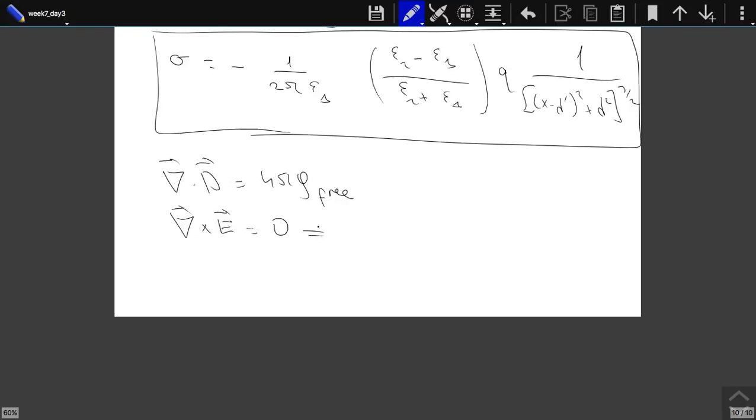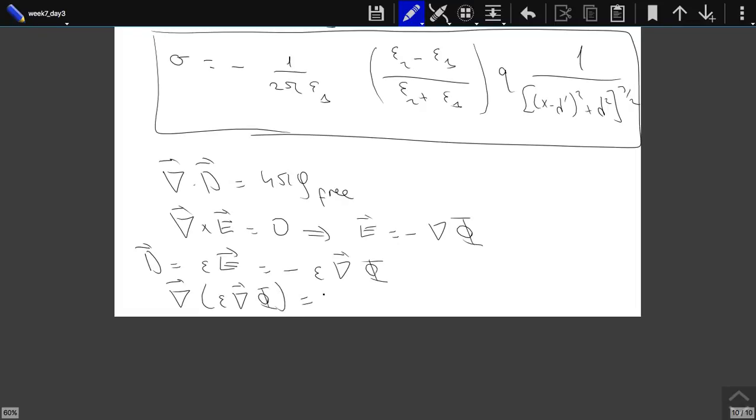The second one always tells us that E is equal to minus the gradient of phi. And then the first one, assuming we have a linear medium, then D is equal to epsilon times E, which is minus epsilon times the gradient of phi. Divergence of epsilon times the gradient of phi should be equal to minus 4 pi rho free.